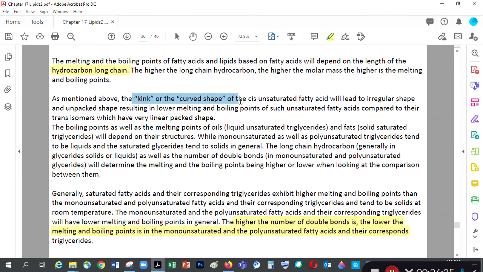And this kink or curved shape does not allow the cis form of the monounsaturated fatty acid to form layers, and therefore the melting point and the boiling point of the cis will be lower than the trans one. The trans unsaturated has higher because it can stack itself in layers, leading to higher stability, a higher boiling point and a higher melting point.